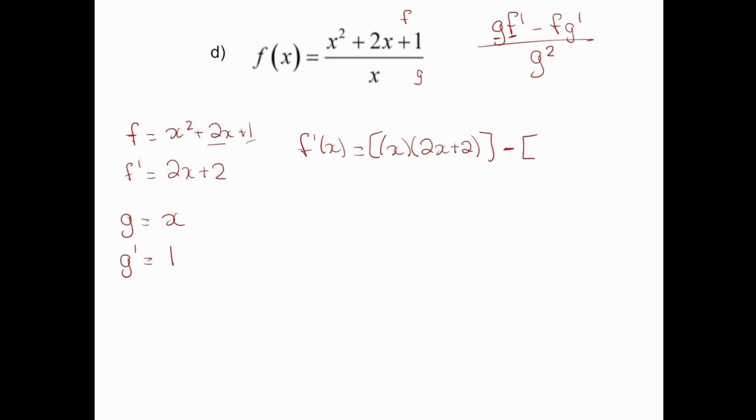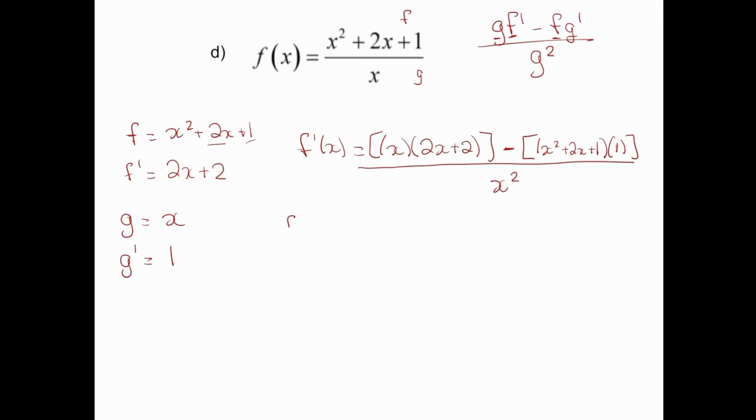Minus, again, those safety net brackets, my top times the derivative of my bottom. So my top is x squared plus 2x plus 1 times the derivative of the bottom, which is just 1, all over my bottom squared. Well, that one was easy. That's just x squared.